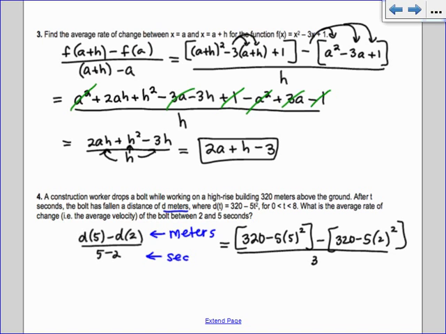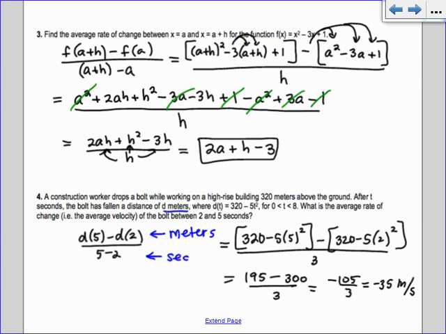Okay, so the first one, 320 minus 125, so 195, minus 320 minus 20, so 300, all over 3. So we get negative 105 over 3, which is negative 35. So I would put units, it's in meters per second.